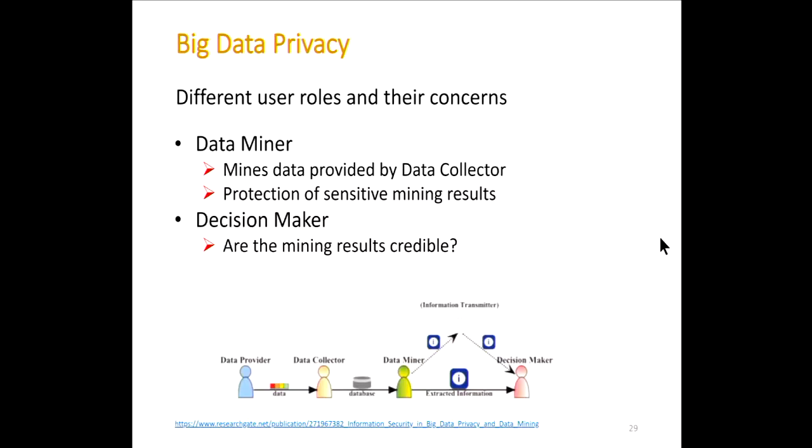But if you mine the data and there is some protected or sensitive information, you also need to apply some anonymizing, or mask that information, in order to protect the poster or the data provider from privacy breaches. And then there is the decision maker.